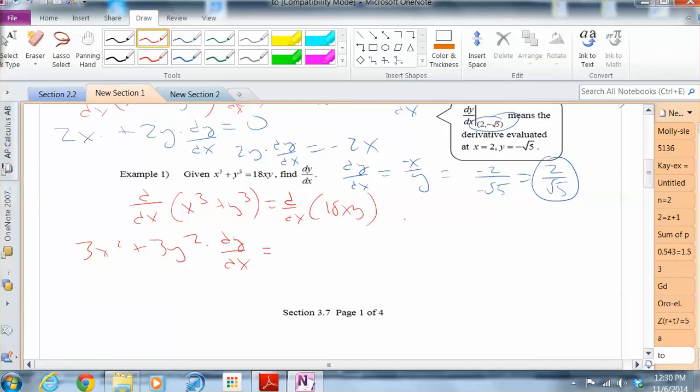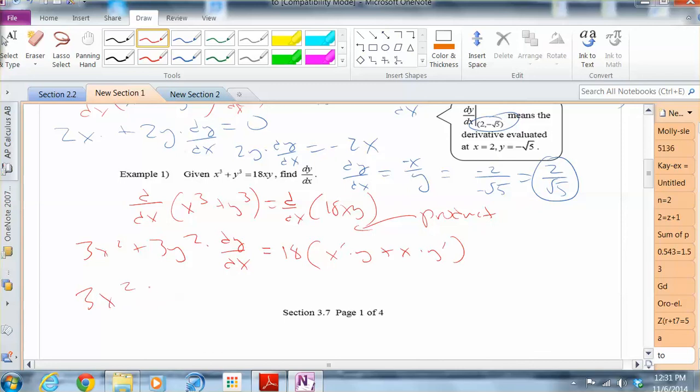Now here you're going to have to use a product rule because x and y are being multiplied together. We didn't have to do anything like that on the left side because we just had x cubed plus y cubed. So I'll push the 18 out. It's going to be 18 times x prime times y plus x times y prime. Sometimes we do that for shortcuts for derivatives.